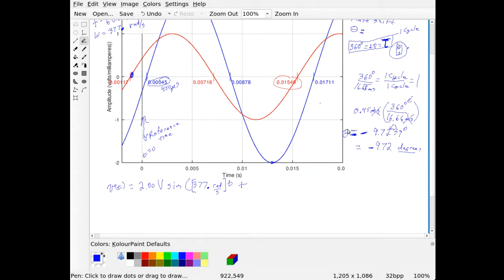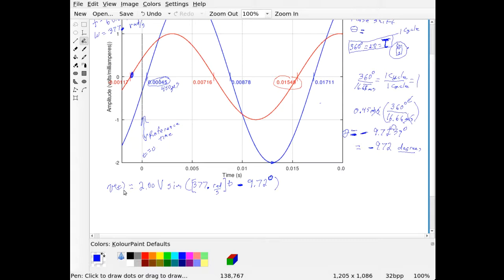Plus, and then the phase shift. I put a plus there for the phase shift, but looking over here, I see that it should be a negative, so minus 9.72 degrees.